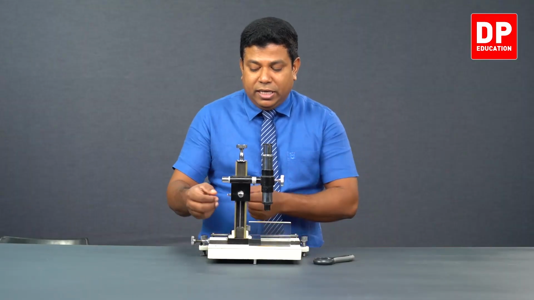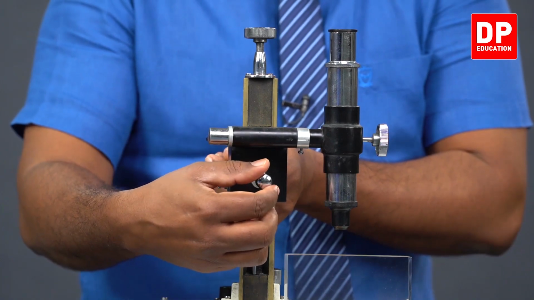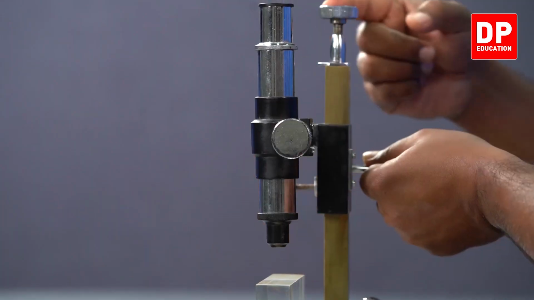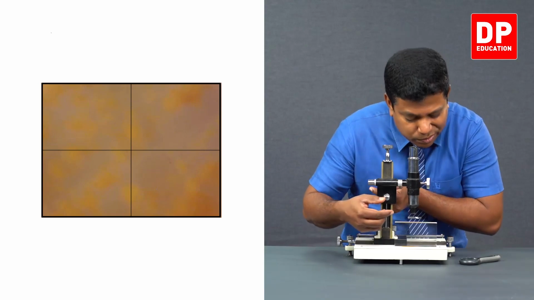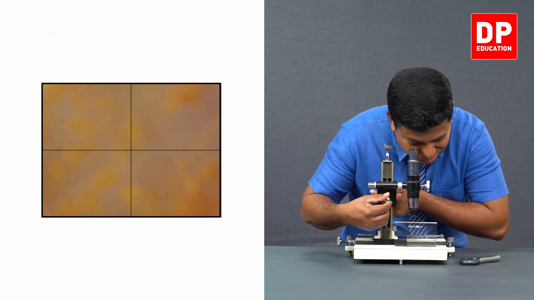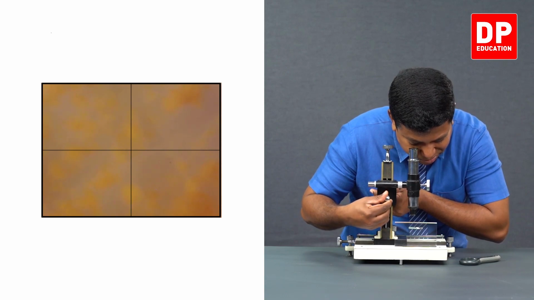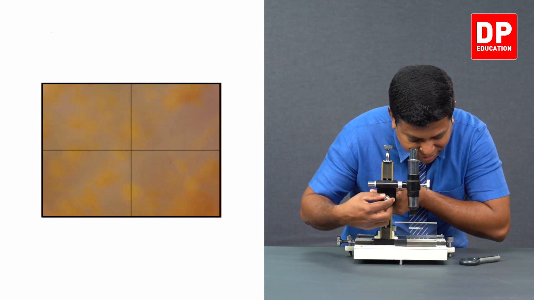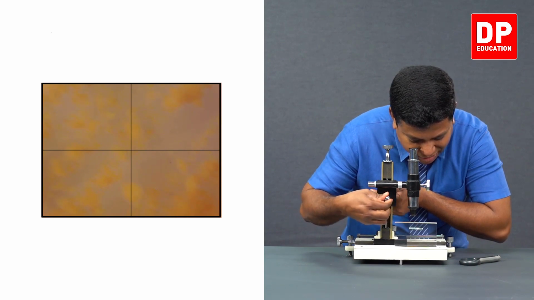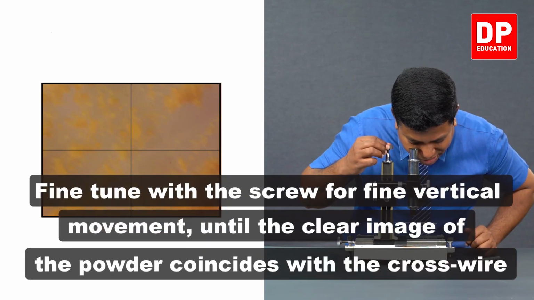Now, let me adjust it in the main scale to bring it closer to the focus point, and then we can fine tune with this vertical fine tuning screw. When I get almost a good image of the lycopodium powder, I'll fix it here, and then let's adjust it with the vertical fine tuning screw.